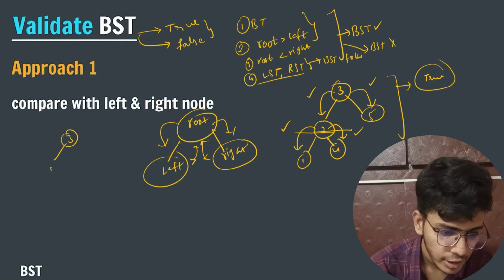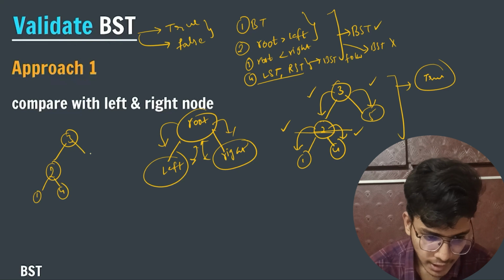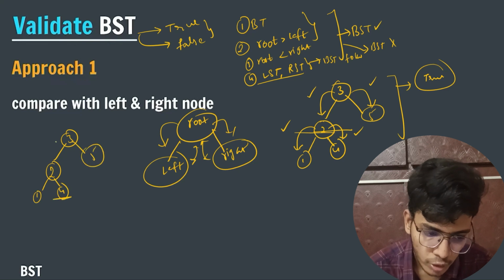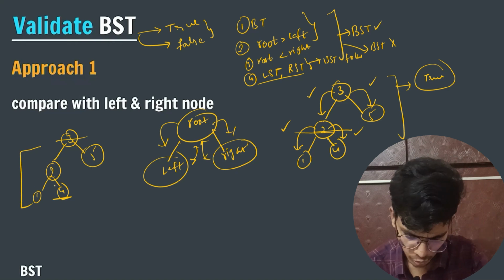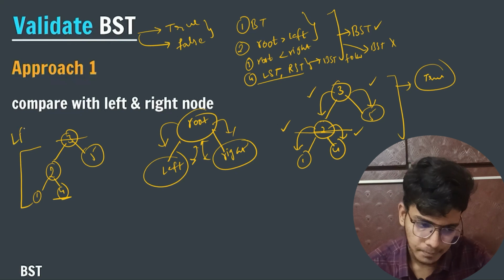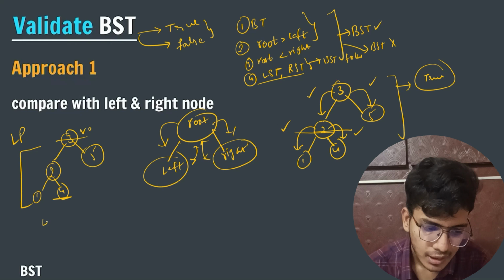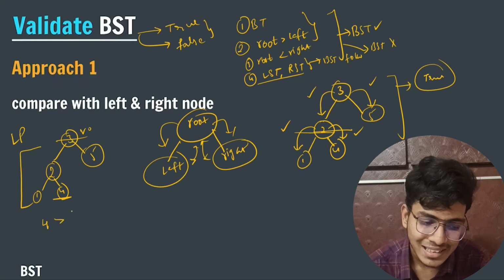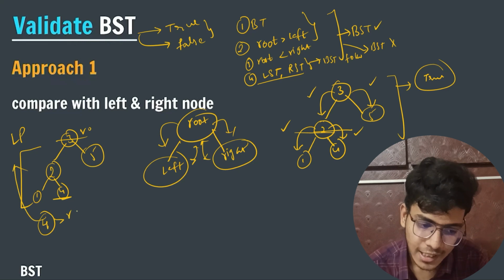Now if you observe very clearly, this is the example I have taken: 2, 1, 4 and 5. This node 4 is lying on the left part of the root node, and you can see that the 4 value is greater than the root node.